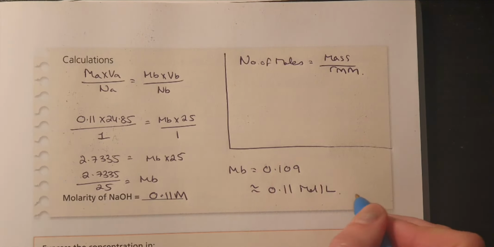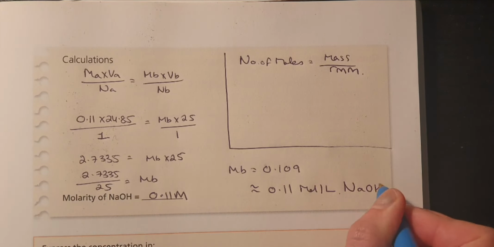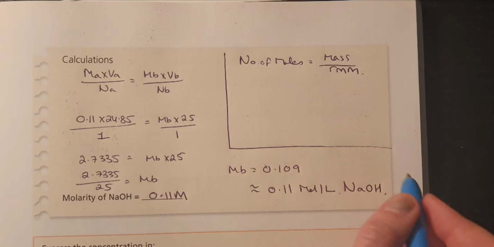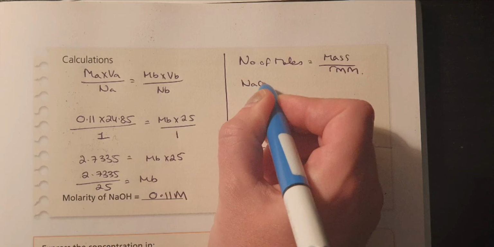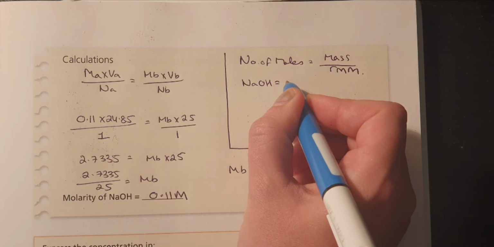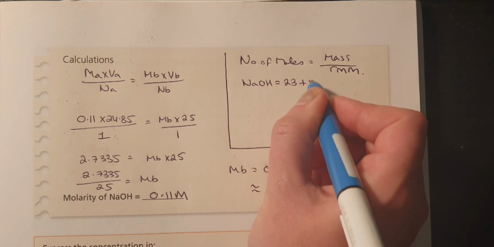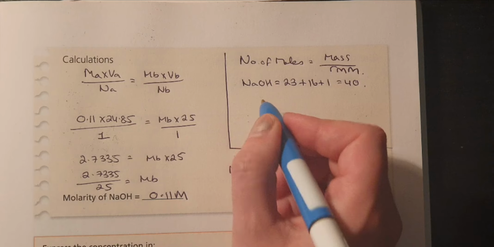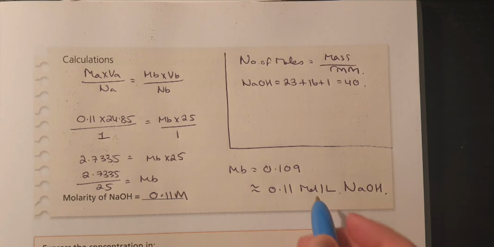And remember, this 0.11 molar is for the NaOH. So the relative molecular mass of sodium hydroxide is 23 for the sodium, plus 16 for the oxygen, plus 1, which is 40. The number of moles we have is 0.11.